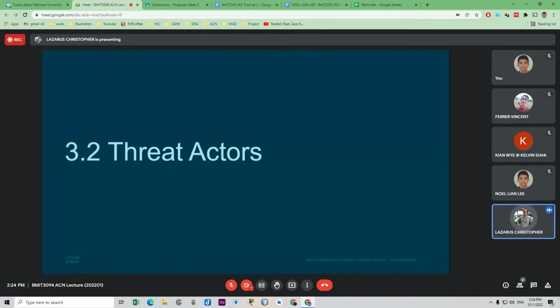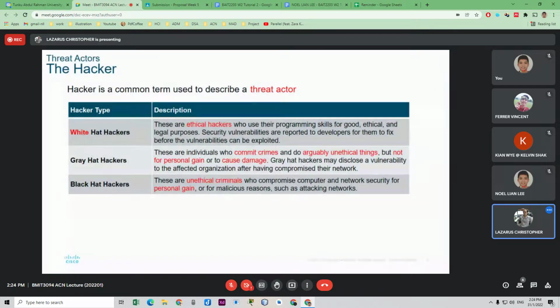Right, so let's look at threat actors. The first threat actor is very popular in the media: the hacker, right? Originally it was not a very bad name. Hacker was used in the 80s to describe someone who is very curious, technically very gifted, able to do things like penetrate systems, and they penetrate systems for learning purposes.